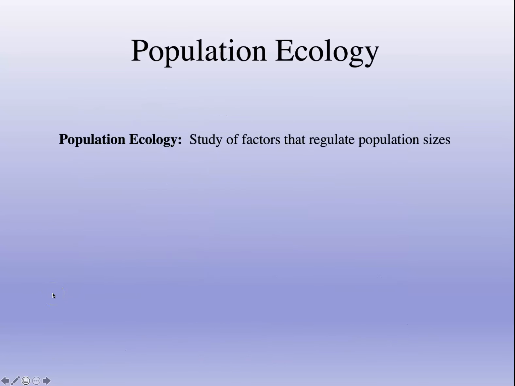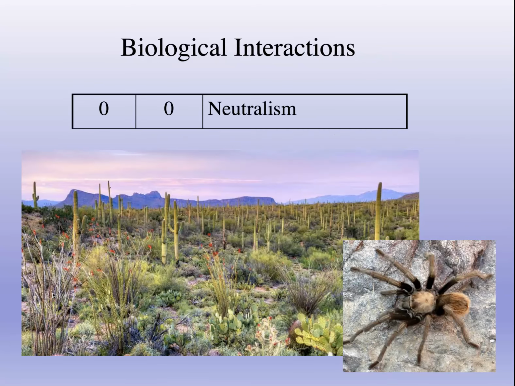All right, so we're moving into population ecology, but in looking at population ecology and the factors that regulate population sizes, because so many of those factors are the presence of other species in the community, population ecology and community ecology sort of dovetail together. So let's look at these relationships. Neutralism.